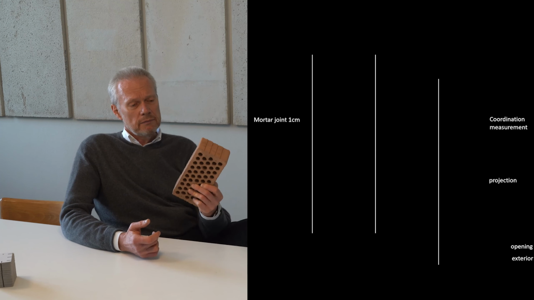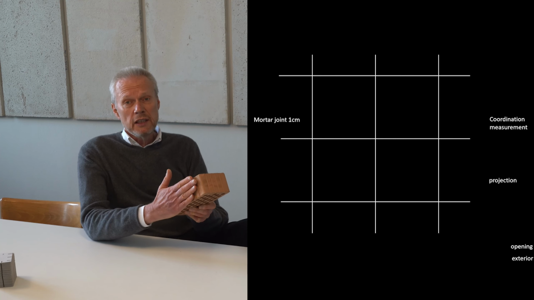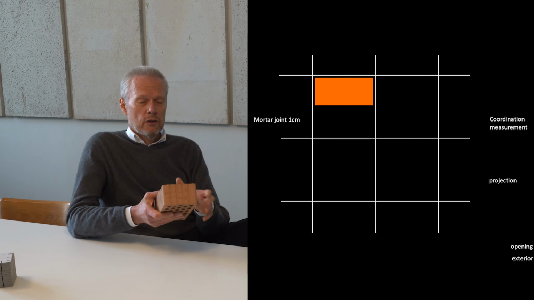What you would have to take into account as well is the mortar joint. As you can see, these bricks have small recesses, and these recesses are there to give better adherence to mortar and to stucco.